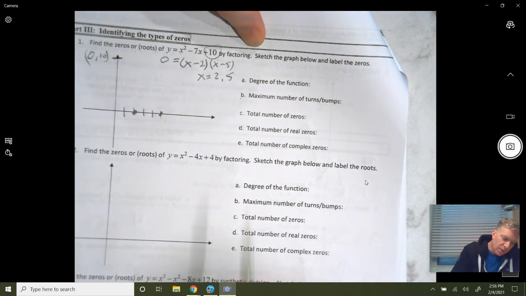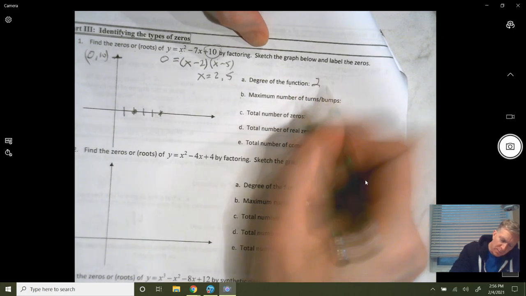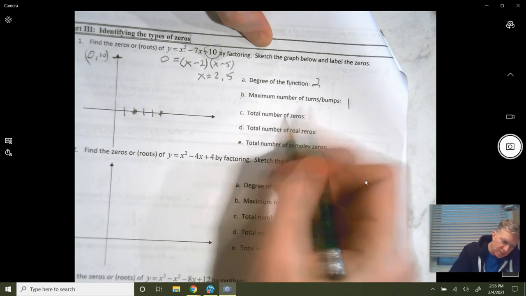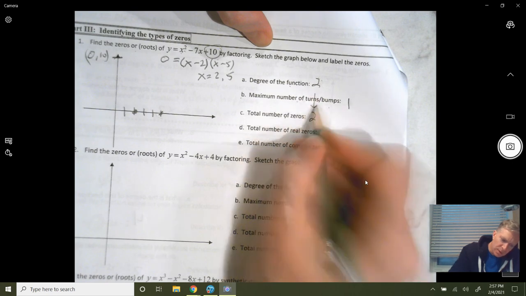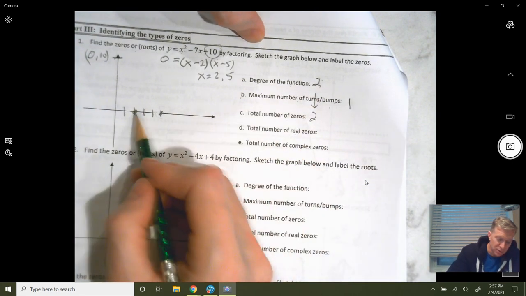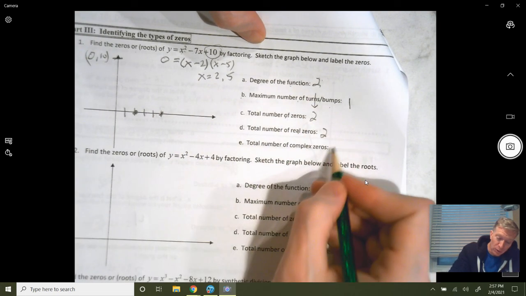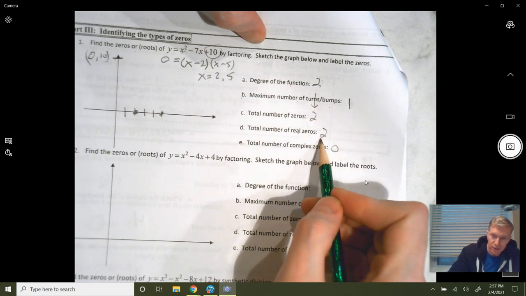Okay. Now the degree of the function is 2, x squared. Maximum number of bumps is 1 less than the degree. Total number of zeros matches the degree, so that should be 2. Total number of real zeros, well, we don't know that until we figure out the zeros. 2 of these are real. That accounts for the total, which means there are no imaginary. If we know there's a total of 2 and 2 are real, then there can't be any imaginary.